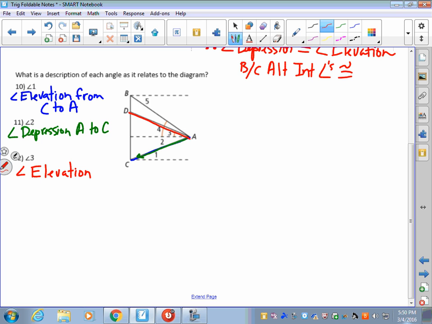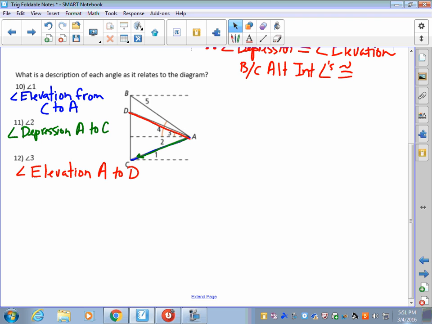Angle 4. If you said angle 4, that's absolutely correct. So this last one is from A to D. Now, it doesn't ask, but ask yourself and see if you have it right. What would be the type of angle for angle 5? Depression, absolutely, you're correct. And it would be from B to A.